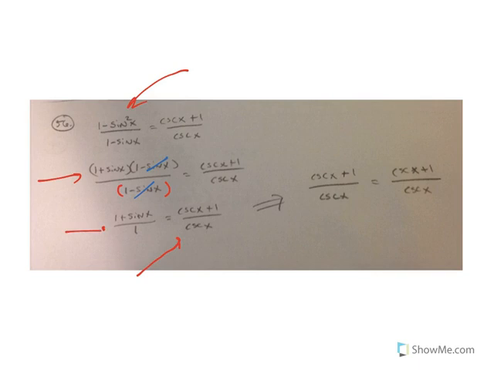So if we multiply the bottom by cosecant, do the same thing to the top to keep it balanced. And when you distribute your cosecant into the numerator, cosecant times 1 should get you cosecant.